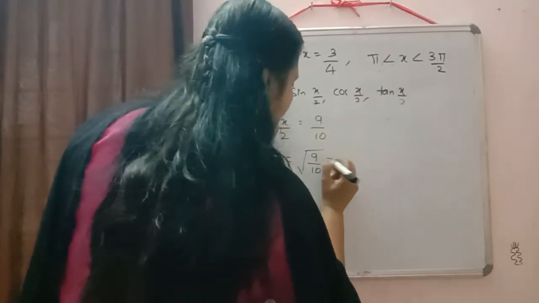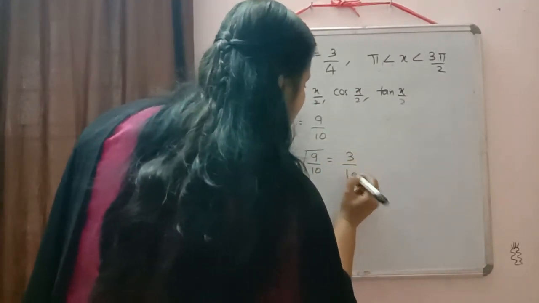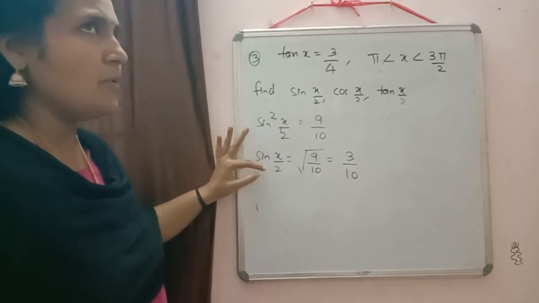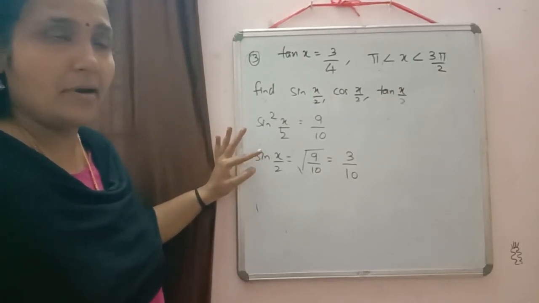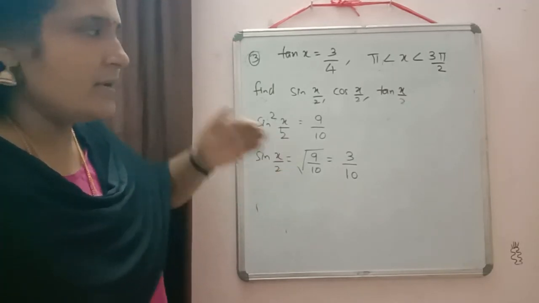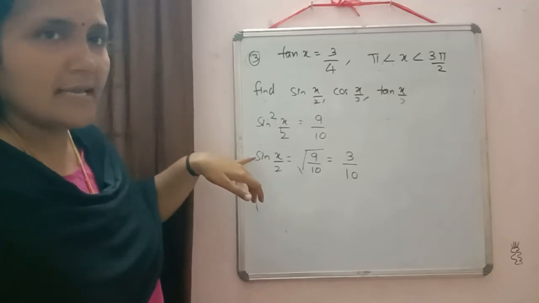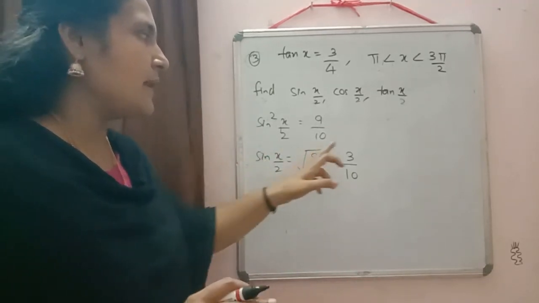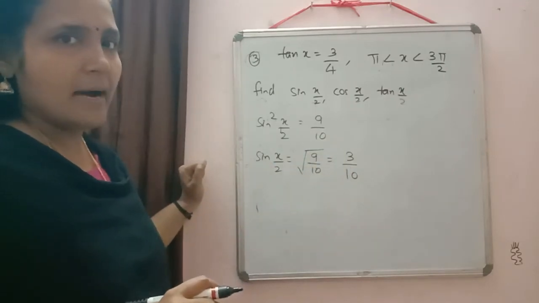So we will get here 3 by root 10. Both will come, plus or minus. But we already wrote that x by 2 lies in second quadrant because it comes between 90 degree and 135 degree. In second quadrant sine is positive. So that's why we wrote the positive answer only. Sin x by 2 is equal to 3 by root 10.